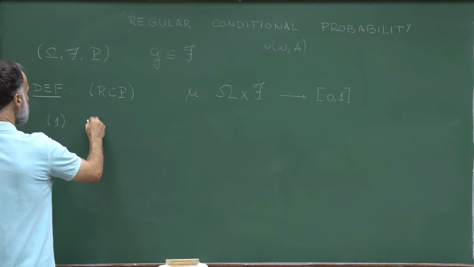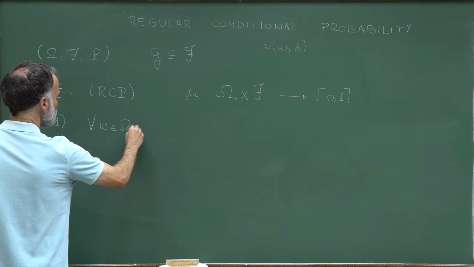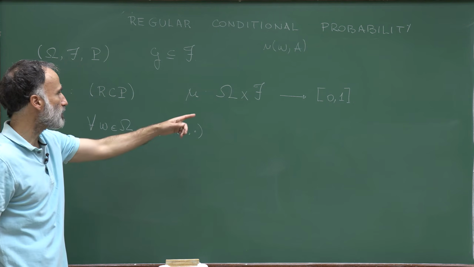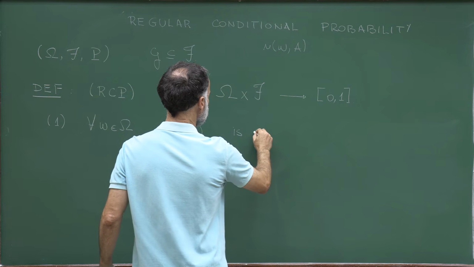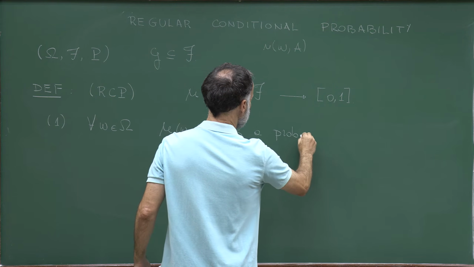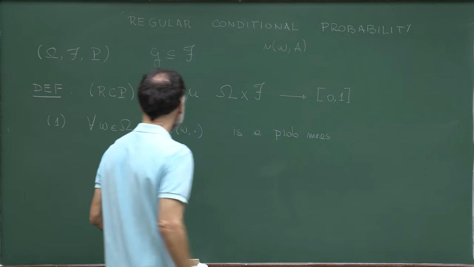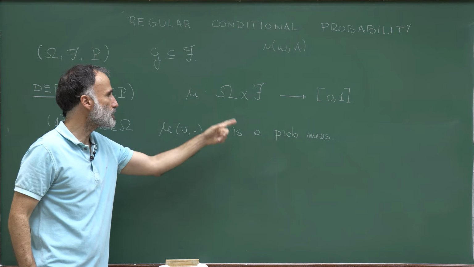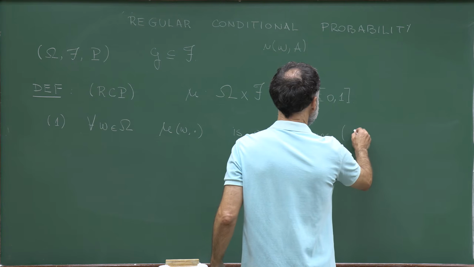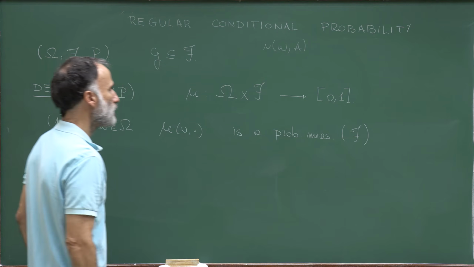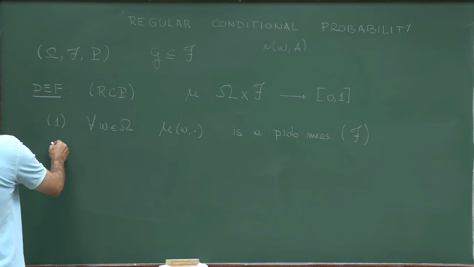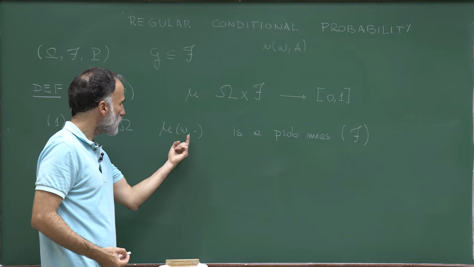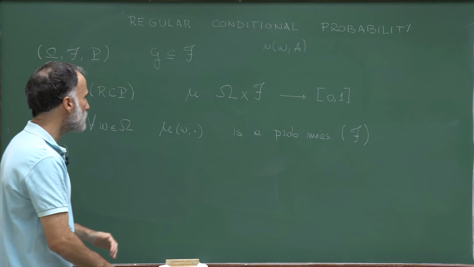The first one is that for all omega in Omega, mu(omega, ·), as a function of the second coordinate, is a probability measure. So I want that for every fixed omega, as a function of the second coordinate, this is a probability measure defined on the sigma algebra F. And then the second property is that if I look at it as a function of the first coordinate, it is the conditional probability.